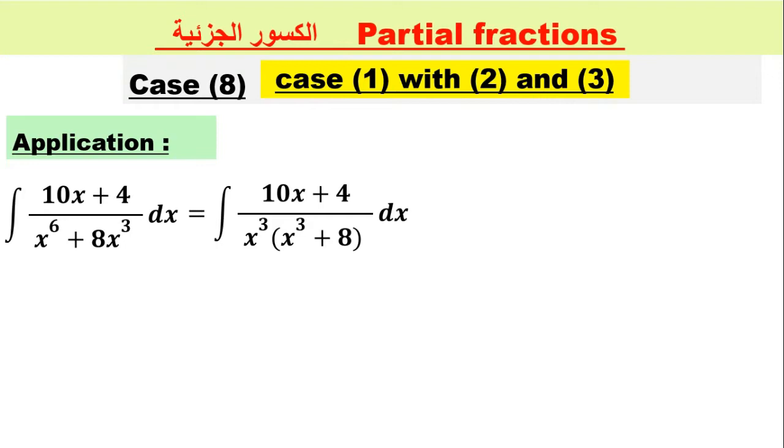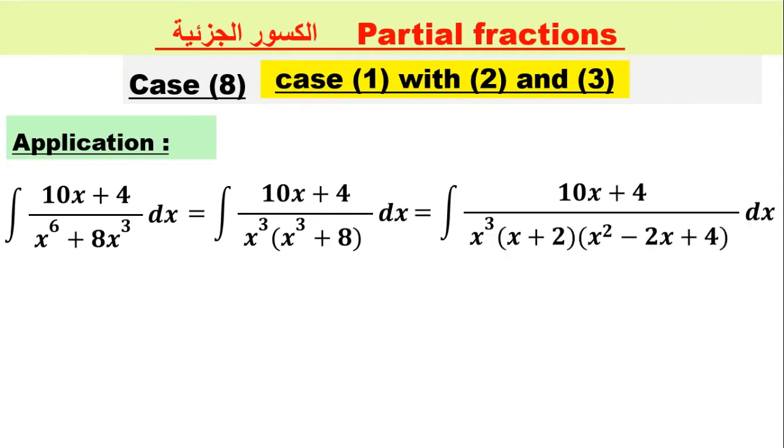This bracket is called the sum of two cubes, and then we can factorize it as a small bracket (x + 2) and a long bracket (x^2 - 2x + 4). And we can't do a factorization anymore, so we have x^3 times the brackets. This is the factorization of the denominator.